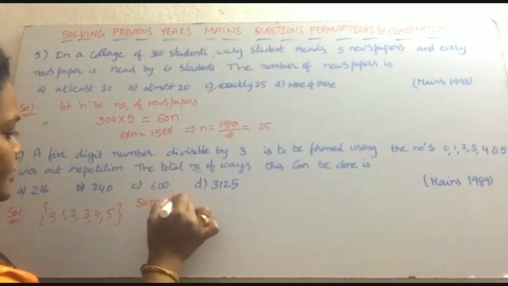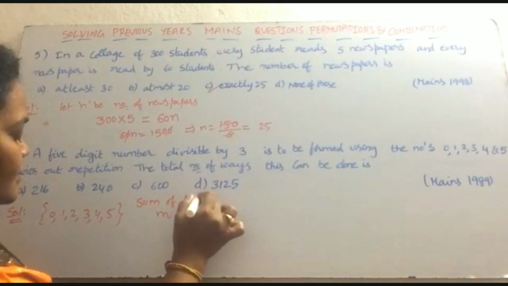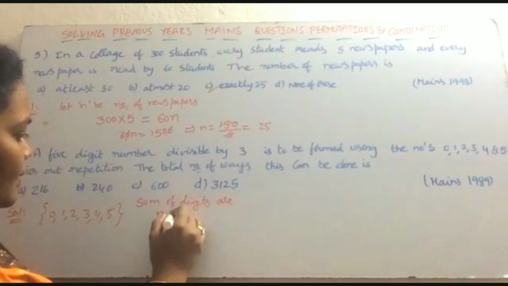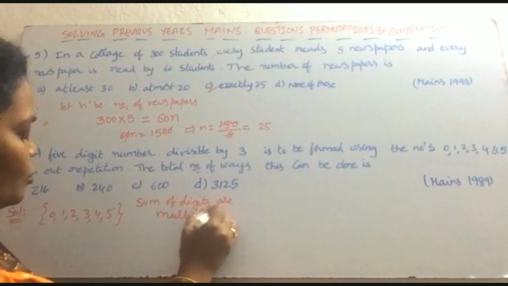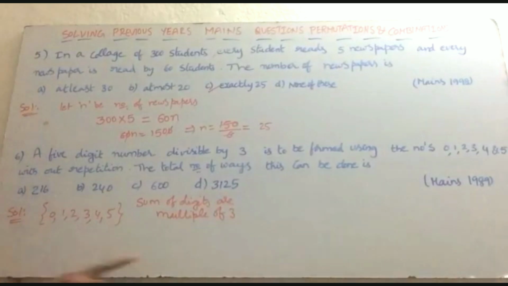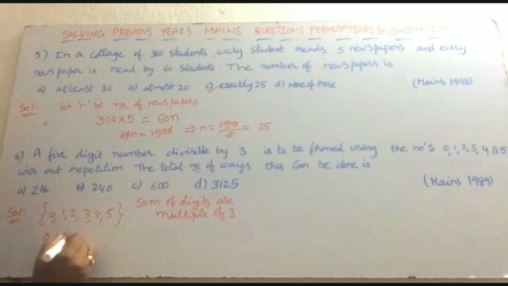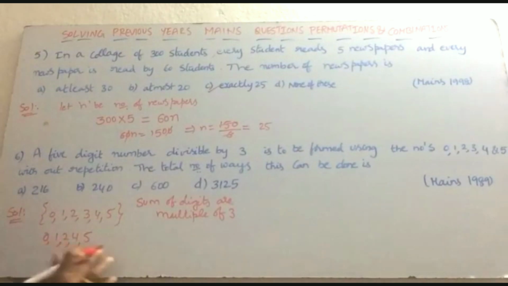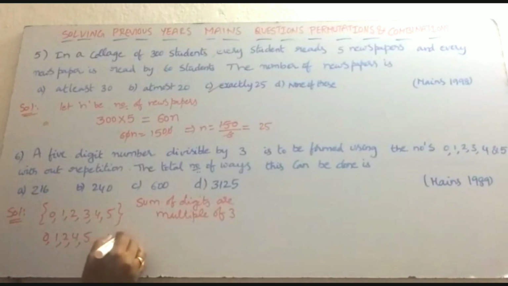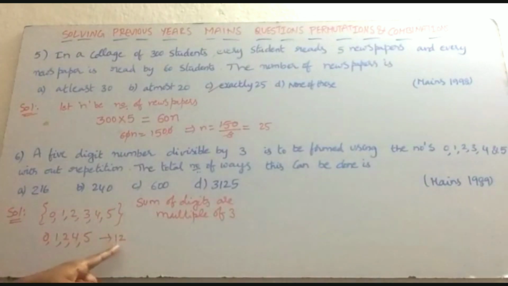So if the sum of digits is a multiple of 3, then only we will count it. So I will take the digits 0, 1, 2, 4, 5. If you add these 5 digits, 3 plus 4, 7 plus 5, that is 12. This is a multiple of 3.